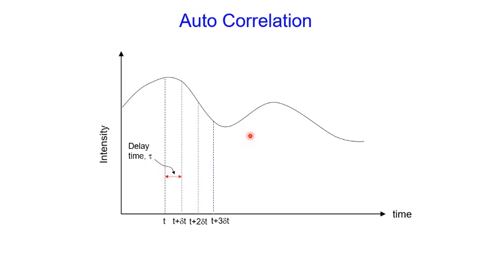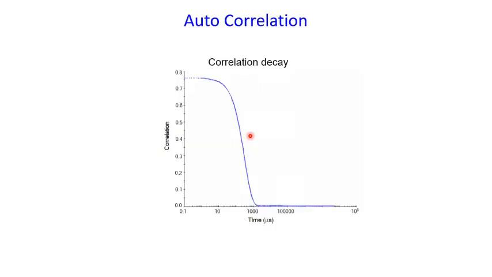That means if you take time as a function and compare the signal from time 0 to time infinity, then you can see a decay in the correlation in this manner, where in the beginning, at time equals 0, the correlation is quite good. And as you increase the time interval, the correlation will decrease, and at time infinity, when the time interval is large, the correlation is completely lost.